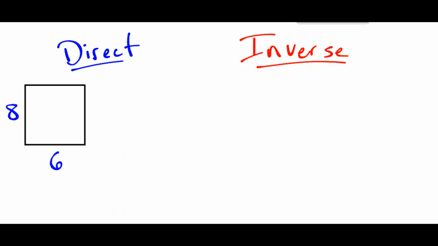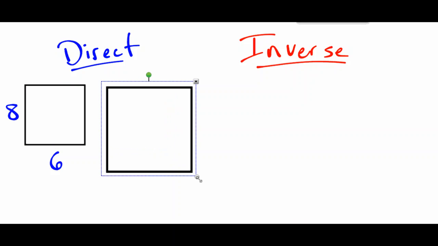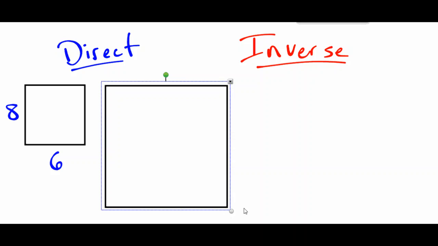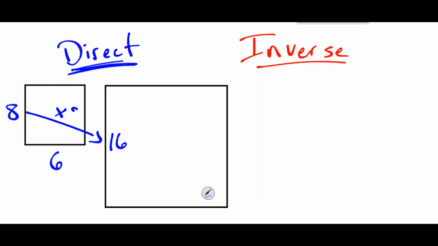If I change the size of that, let's say I doubled this, it became 16. If it's a direct proportion, that means this also doubled. If that's being multiplied times 2, then this one's being multiplied times 2. So that would have to be 12.